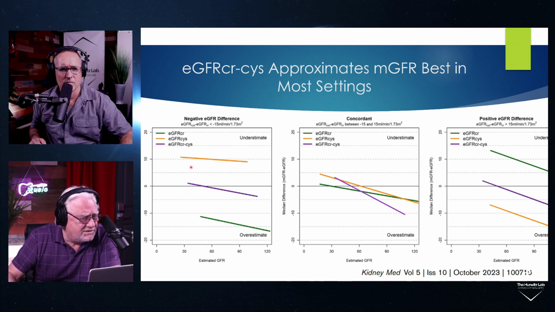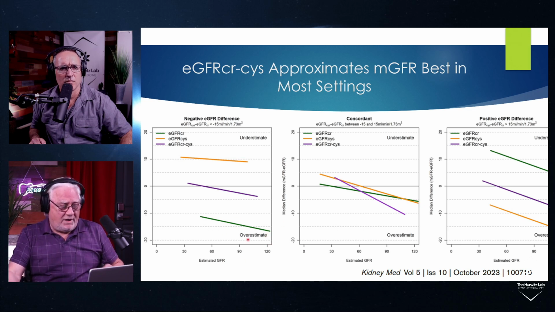So these are the eGFR cystatins. They're higher than what the measured GFR was. These are the eGFR creatinines, I believe, the green, that are lower.